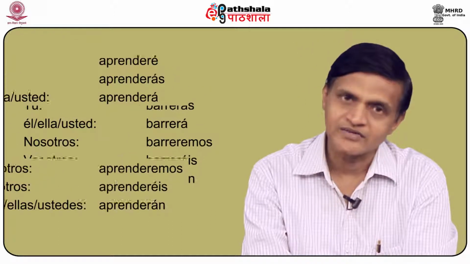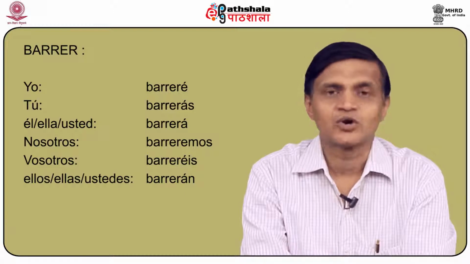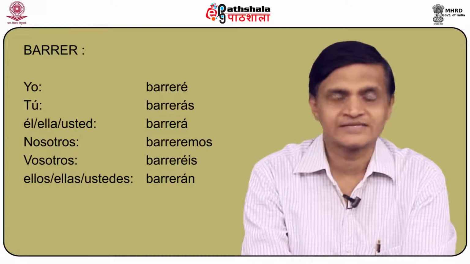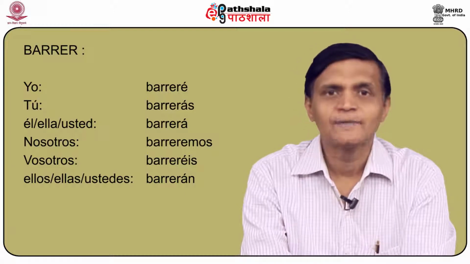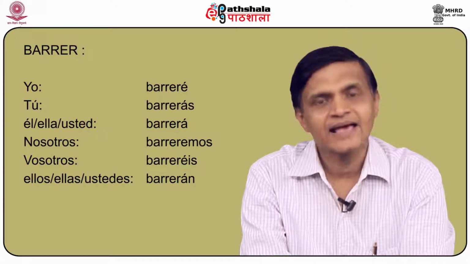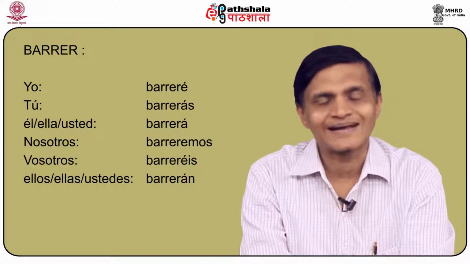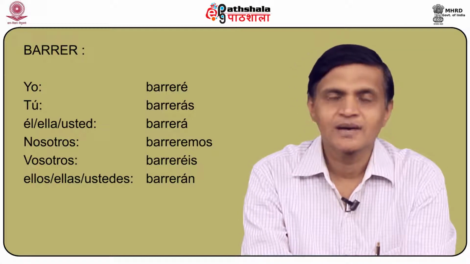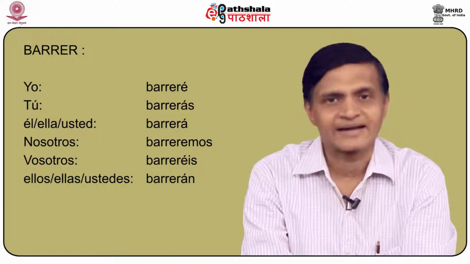So let us pick another verb which is barrer, which is to sweep. The conjugation of barrer in the future is as follows. Yo barreré, tú barrerás, él, ella, usted barrerá, nosotros barreremos, vosotros barreréis, ellos, ellas, ustedes barrerán.